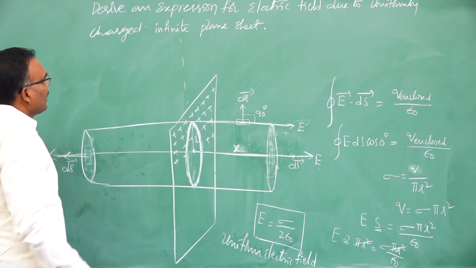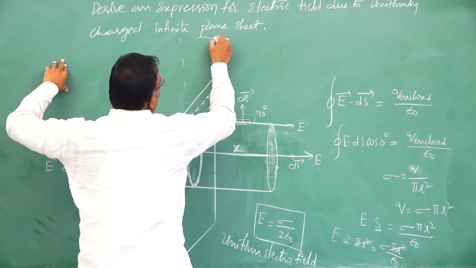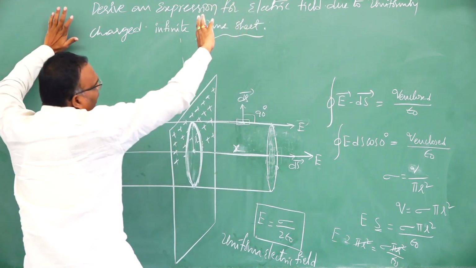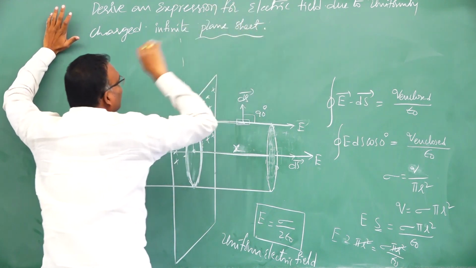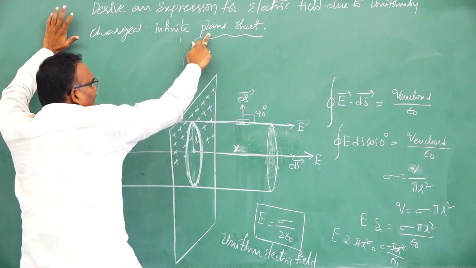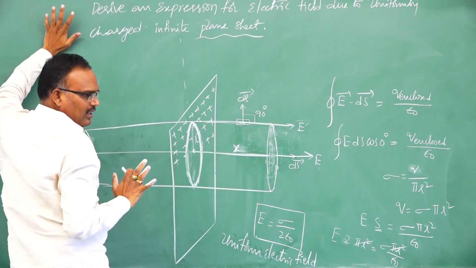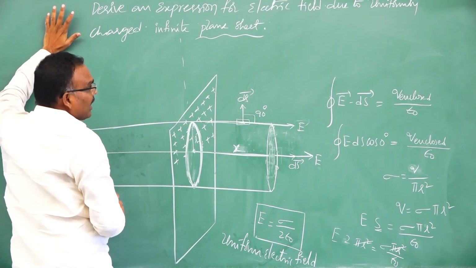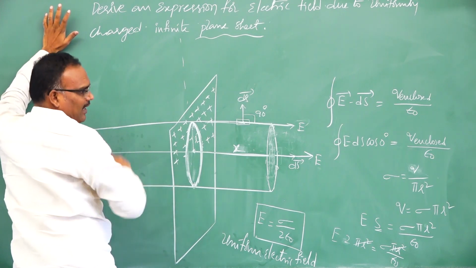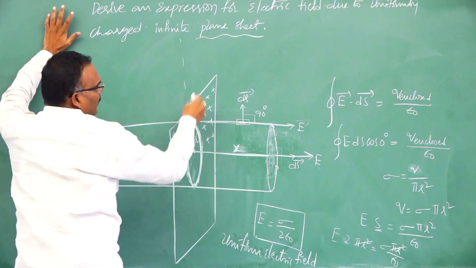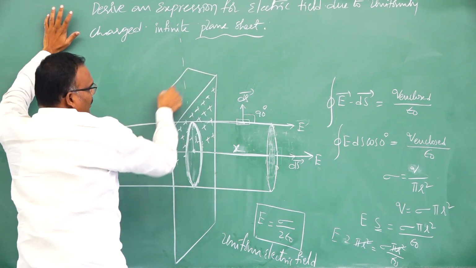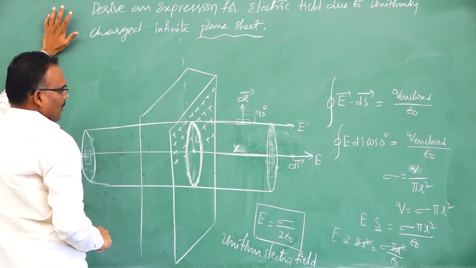Okay. Here you see this is a plane sheet. Usually if they say simply plane sheet, we have to think that it is a thin sheet. That means whatever derivation we have done is for a thin sheet. If it is a thick sheet, it means there will be a thickness.